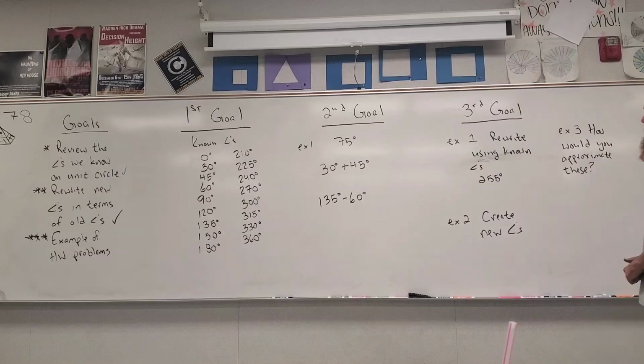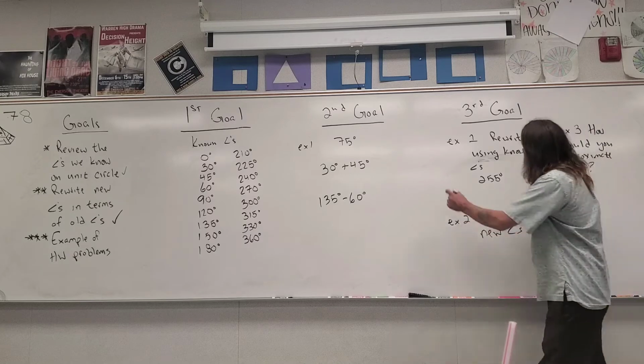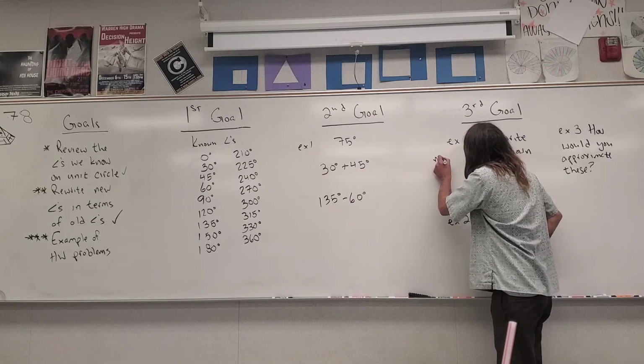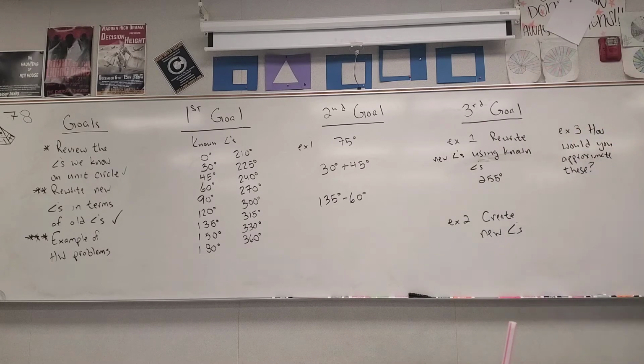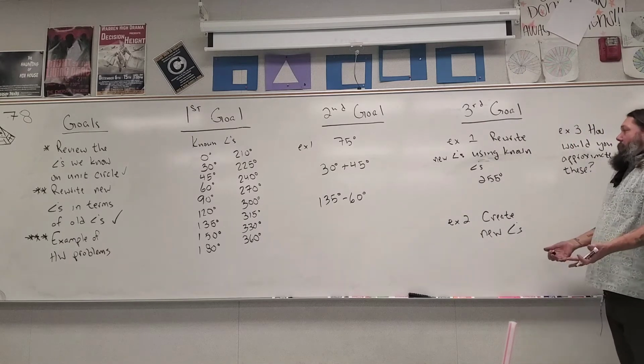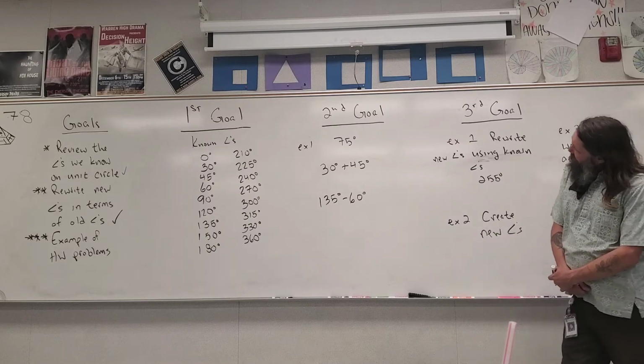On to goal 3, examples of homework problems. Rewrite new angles using known angles. How would I write 255 degrees? Well, let's see if I can do it by addition.